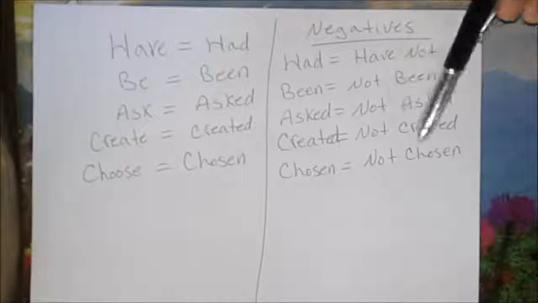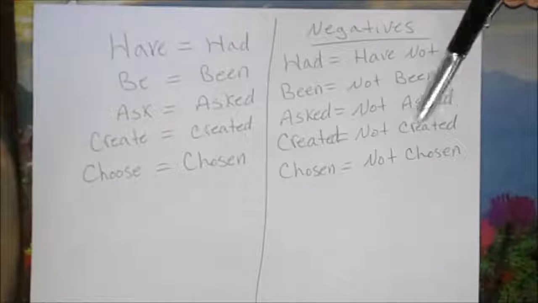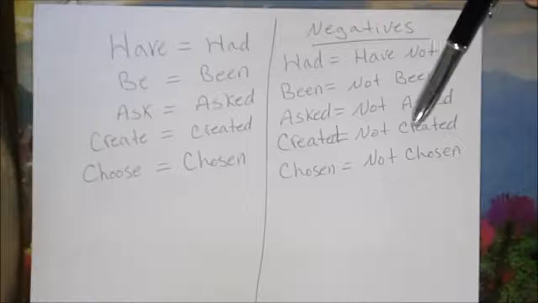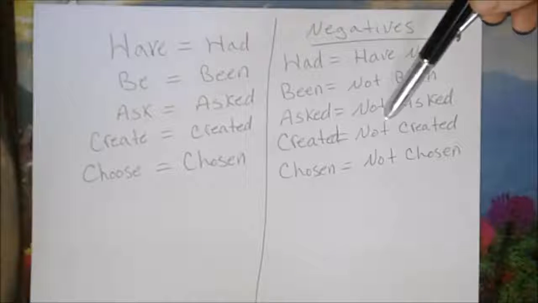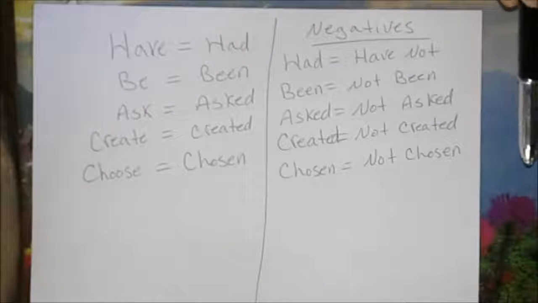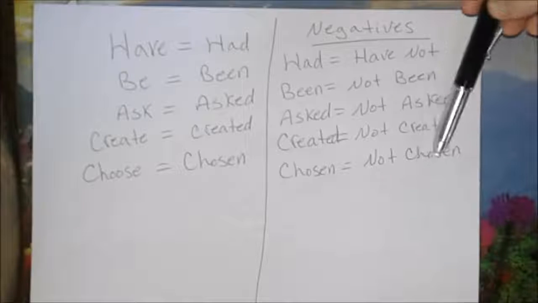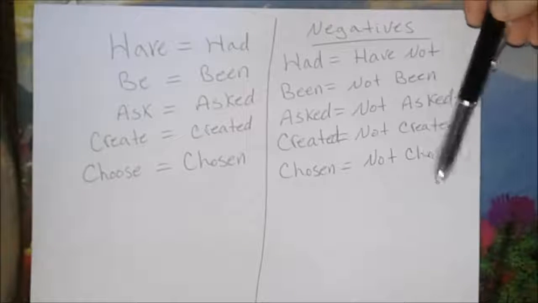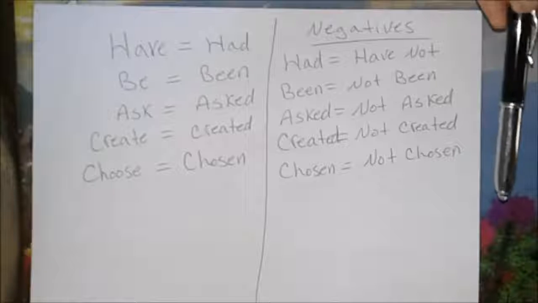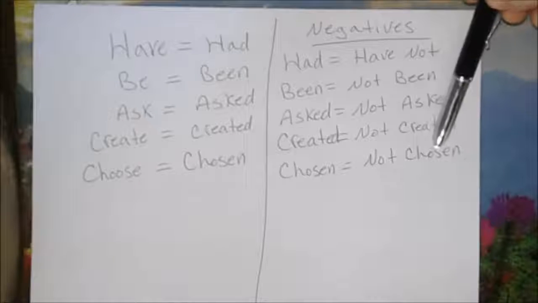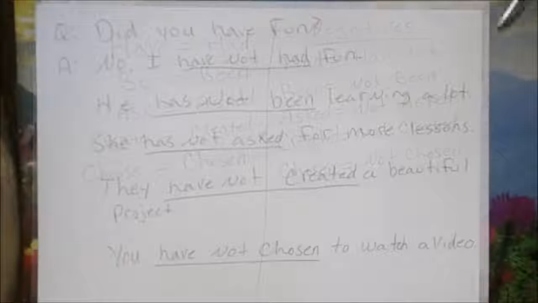Created becomes not created. They have created a beautiful project becomes they have not created a beautiful project. Chosen becomes not chosen. You have chosen to watch a video becomes you have not chosen to watch a video.